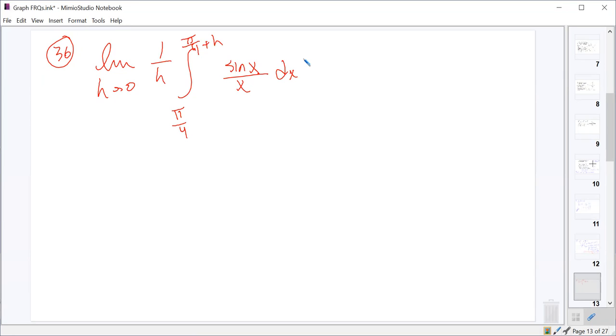What I'm going to do is define our sine of x over x as the derivative of some function. Right? And we want to integrate that function. Since we don't know how to integrate sine of x over x, we're just going to say it's the derivative of some capital F function.